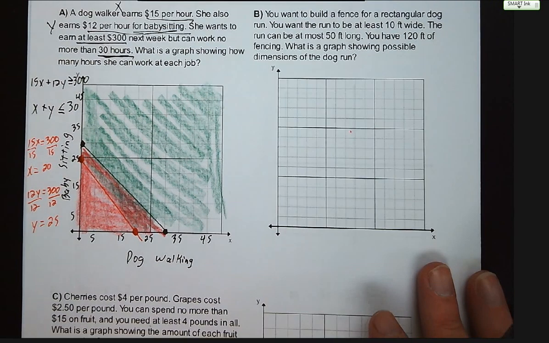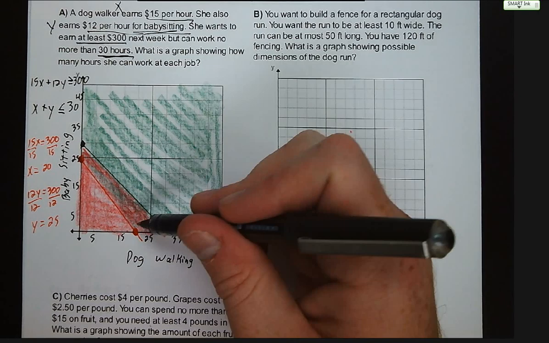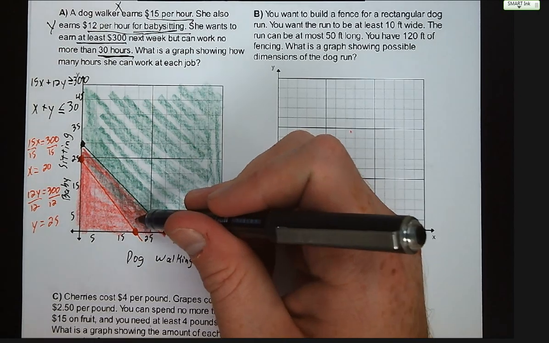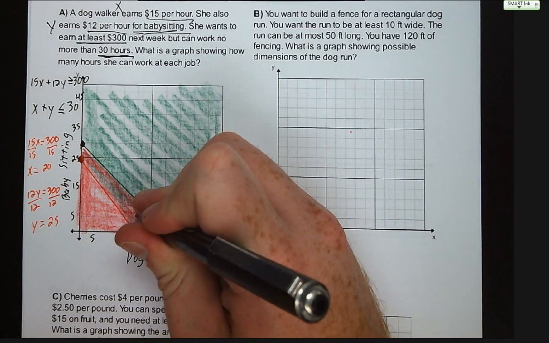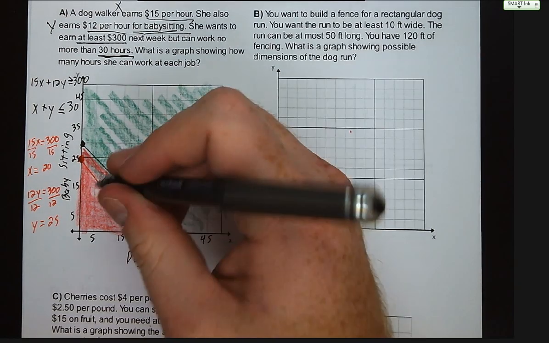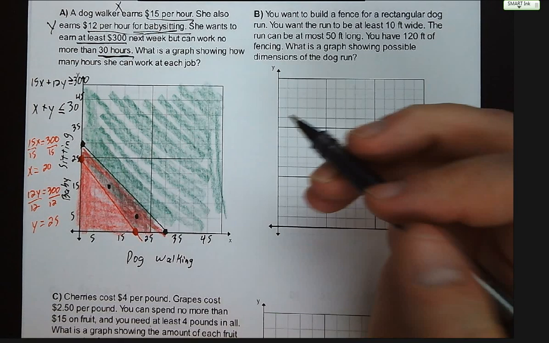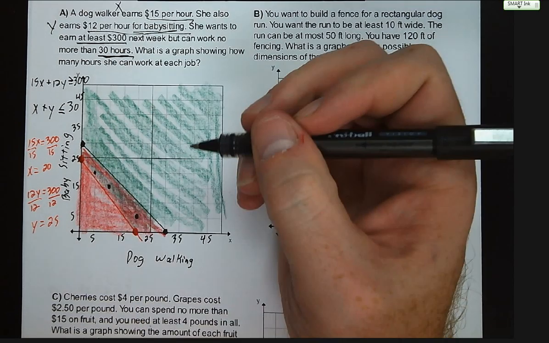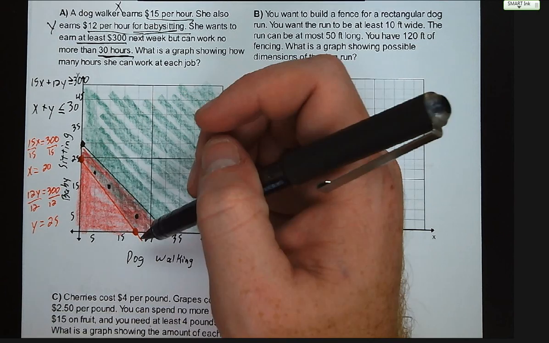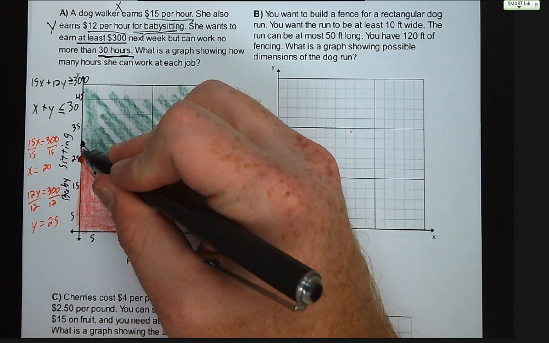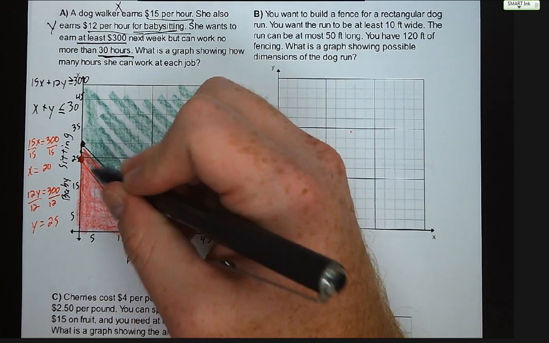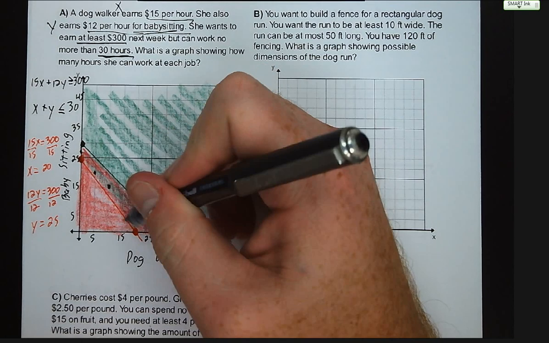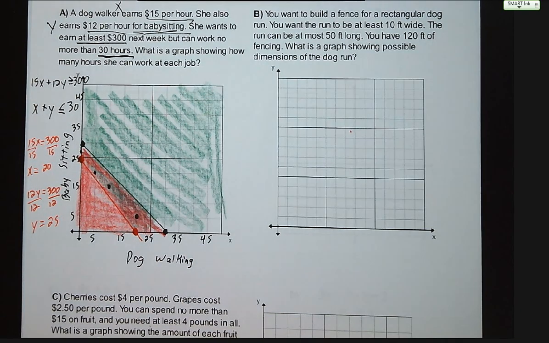So if we were to say, for example, walk dogs for 20 hours and babysit for 5 hours, or if we walk dogs for 10 hours and babysat for 15 hours, or we walk dogs for 5 hours and babysat for 20 hours, or we babysat for like 28 hours. Any point within this overlapping section is a combination of hours she could work at the 2 jobs and still make the target amount of money that she wanted.